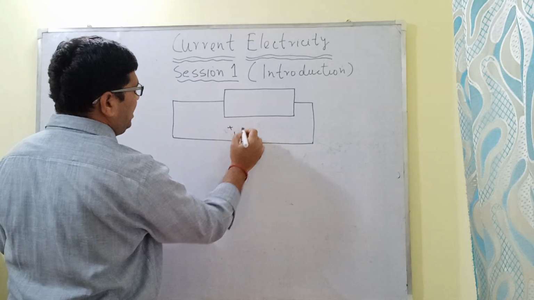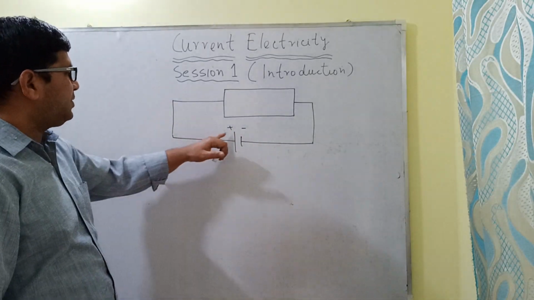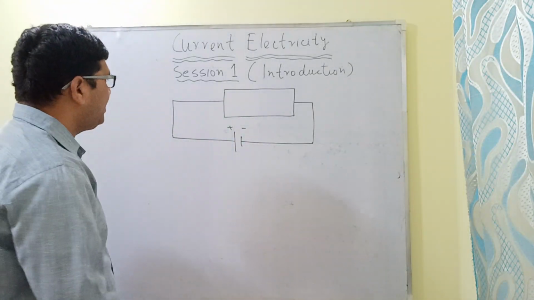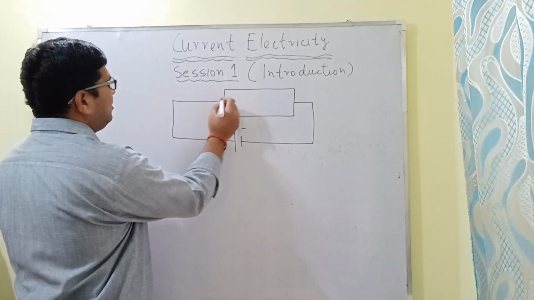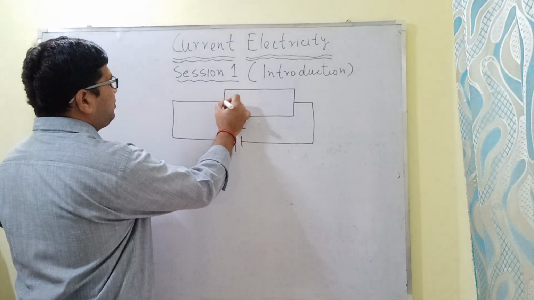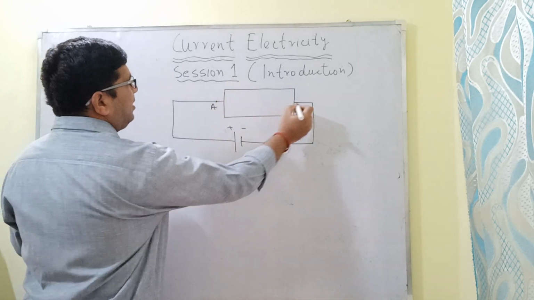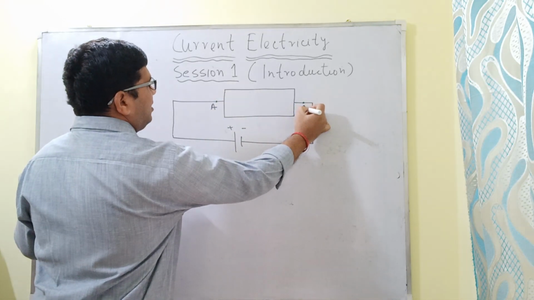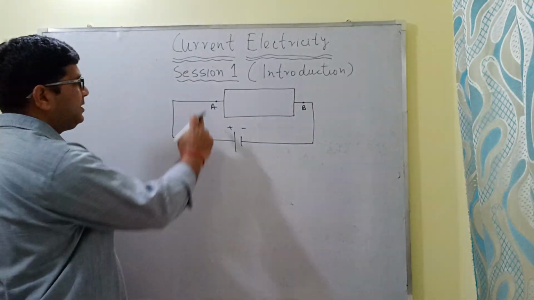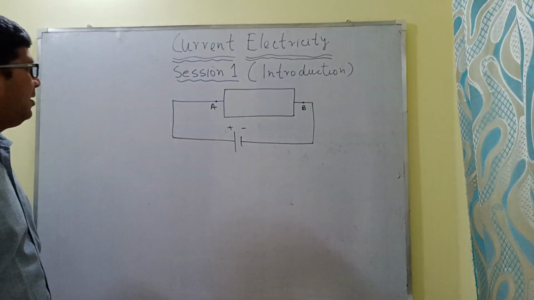This is the positive terminal and this is the negative terminal, meaning this is at a higher potential and this is at a lower potential. Let us say I am taking this point as A and this point as B.